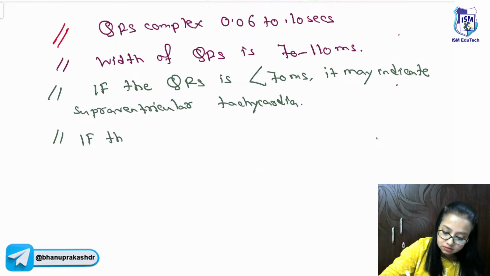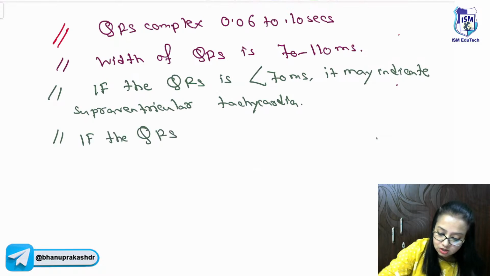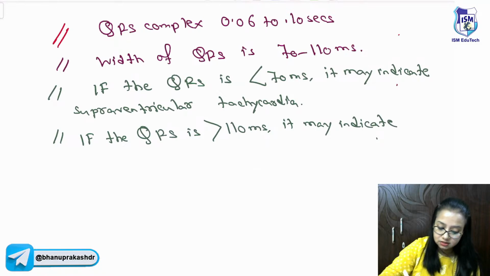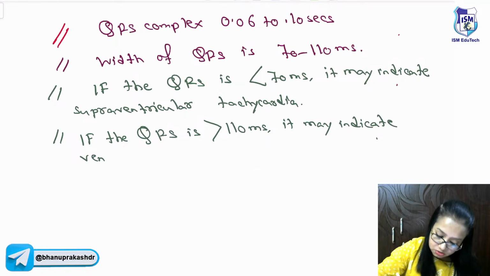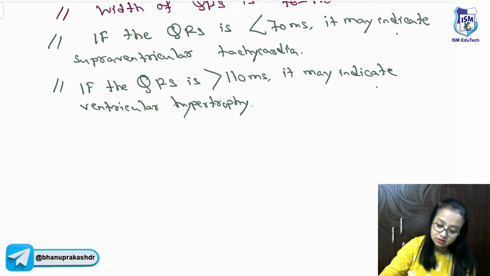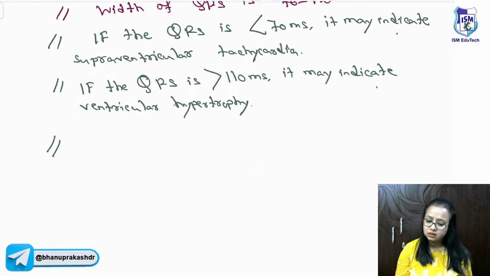If the QRS is greater than 110 milliseconds, it may indicate ventricular hypertrophy. The walls of the ventricle would have become thick and enlarged due to some reason.